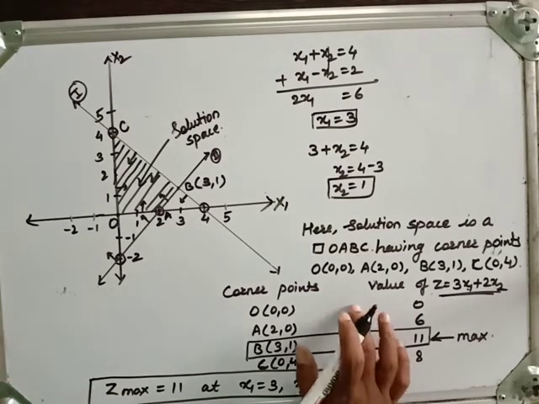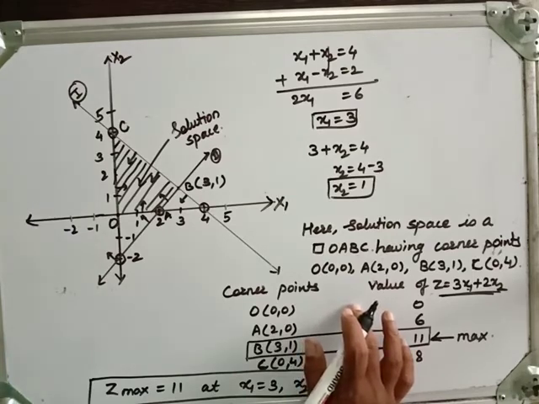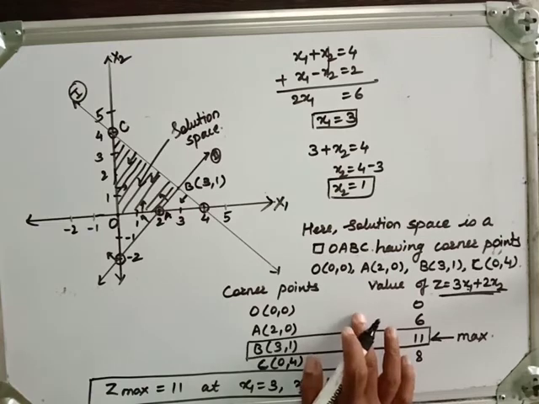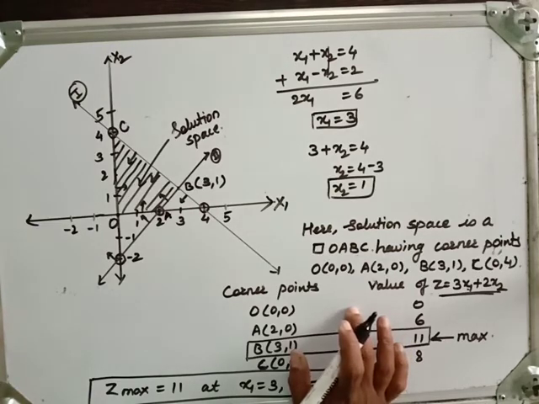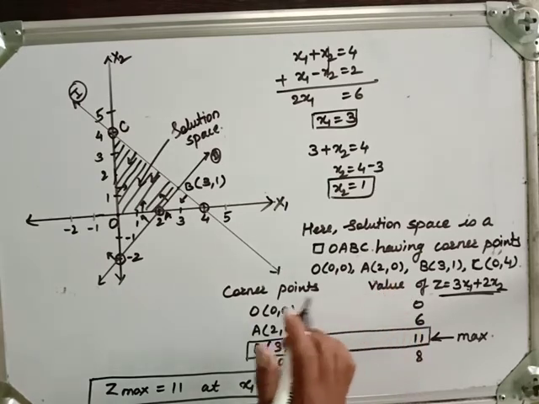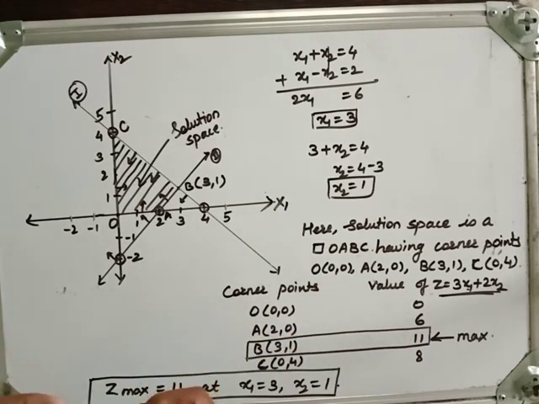Now here we are able to do the verification because this problem consists of only 2 decision variables. You know the limitation of the graphical method, that we can apply it for only 2 variables. If it has more than 2 variables, then we are unable to apply the graphical method, so at that time find the solution using the simplex method only.